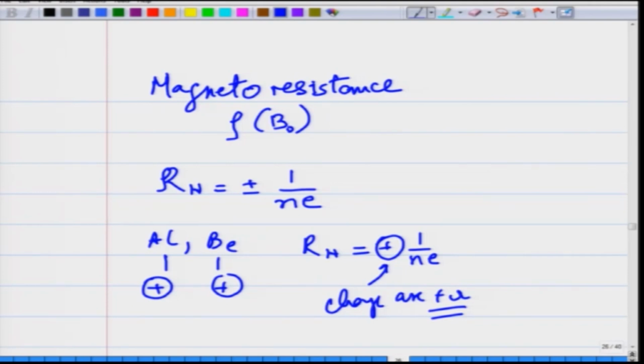In fact, even if you do not consider some metals, there are certain materials called semiconductors like silicon, germanium, gallium arsenide. There you will find that depending on how much doping or impurities you put into the material, the value or the sign of RH changes from positive to negative, and none of these features can be explained by Drude's model.